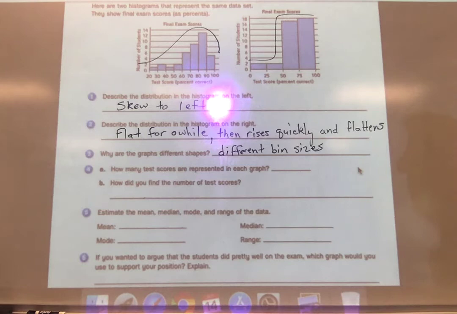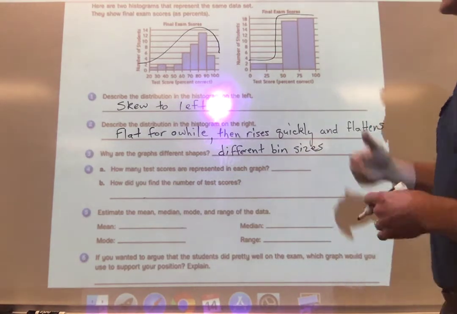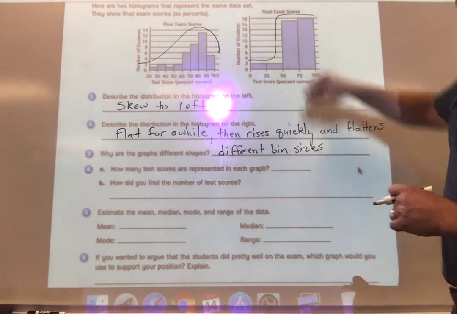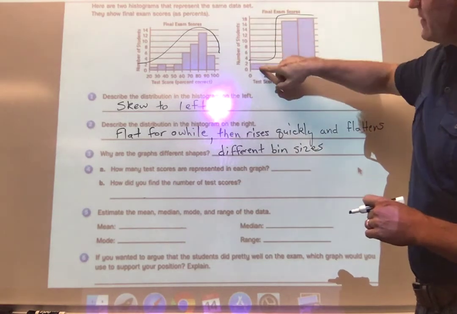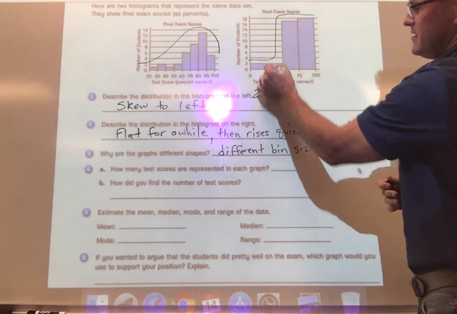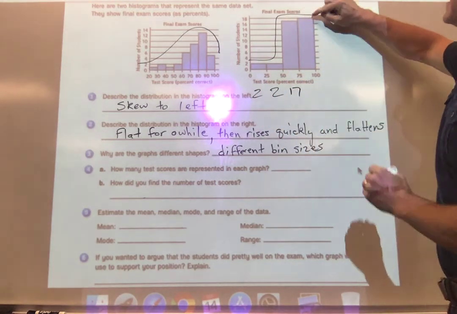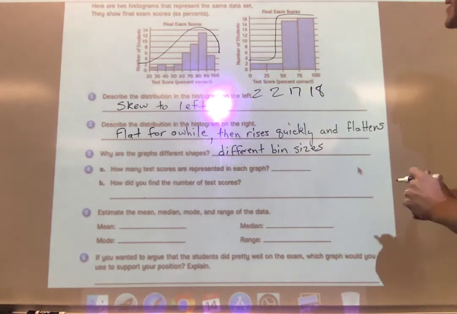How many test scores are represented in each graph? And if I look at these graphs here, we can figure out how many fall into these bins, and you could use either one, you'd get the same answer. So 2 people fall into this bin, scoring between 0 and 25%. So you've got 2 here, 2 here as well. Here we're up to 17 that fall in this bin, and 18 that fall in this bin.